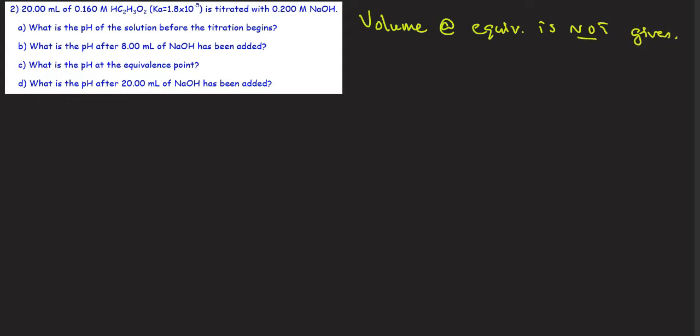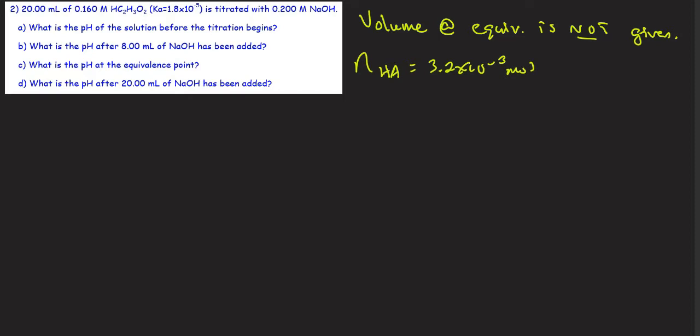Okay, so this means we need to figure out what volume in milliliters or liters of base is needed to titrate. Now, remember our background calculation that I said we were going to refer back to. We know the number of moles of acid, right? It's 3.2 times 10 to the minus 3 moles of acid.